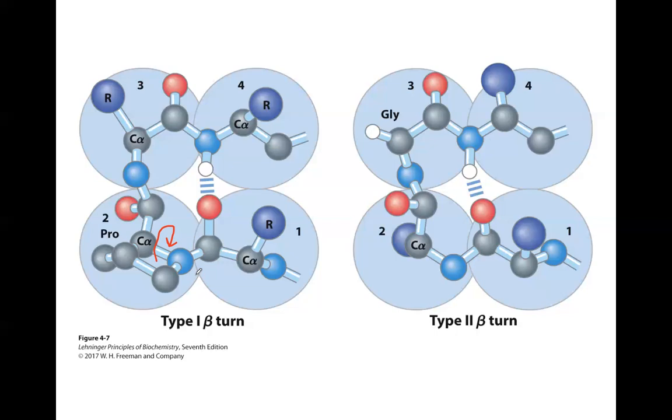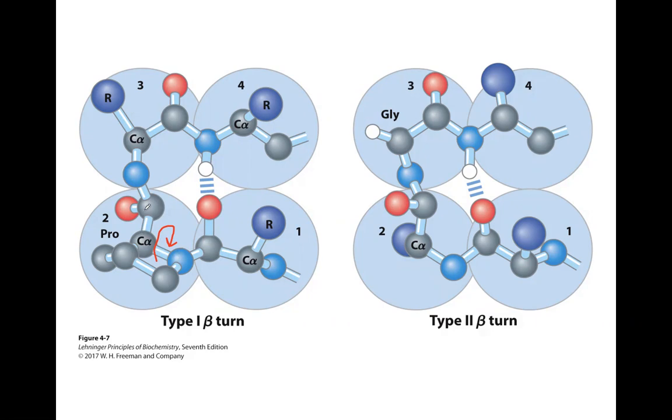Is it 180? No, they're kind of looking in the same direction, aren't they? Remember, 180 is when they're trans, when they're looking in opposite directions. Here they're looking in the same direction. So that's what proline allows one to do. It allows you to position these in such a way that you can make a very sharp turn.